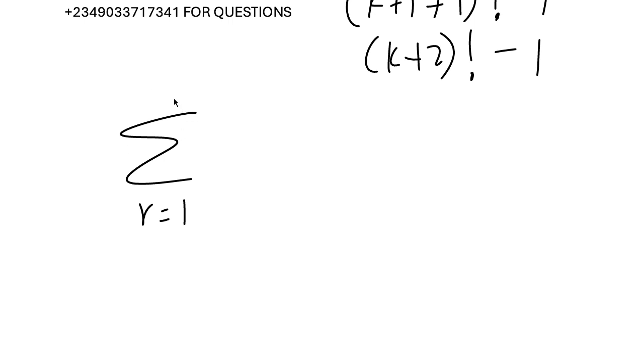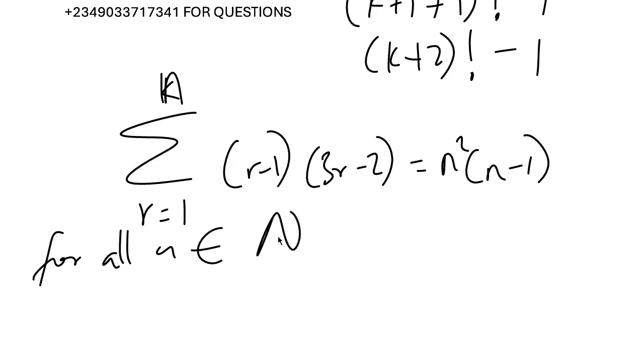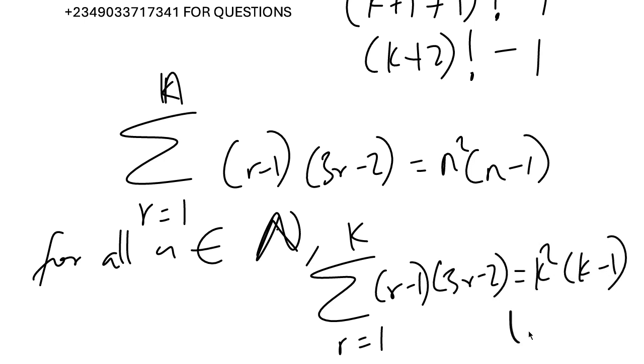Based on this summation: for all n which is a member of the set of natural numbers, the summation of r equal to 1 to n of r minus 1 into 3r minus 2 is equal to n squared into n minus 1. The assumption that the summation of r equal to 1 to k of r minus 1 into 3r minus 2 is equal to k squared into k minus 1 leads to, pause the video and attempt.